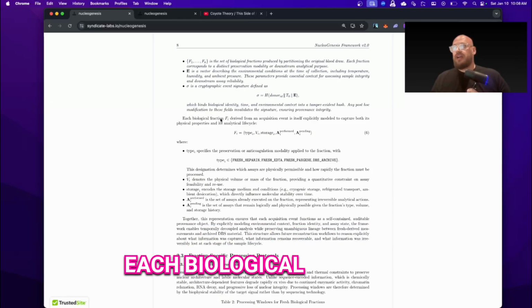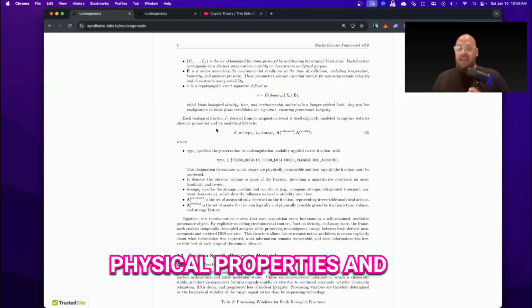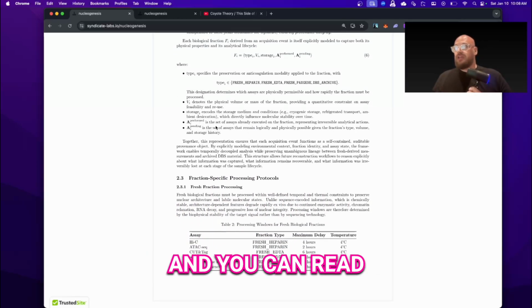Each biological fraction, as denoted by this character here, derived from the acquisition event, is itself explicitly modeled to capture both its physical properties and its analytical life cycle. So if you see here, it has some more examples, and you can read all of these.